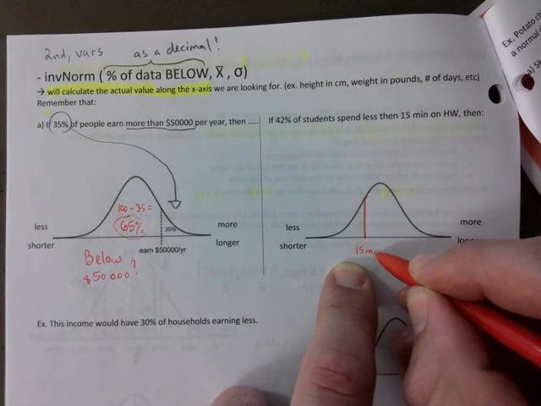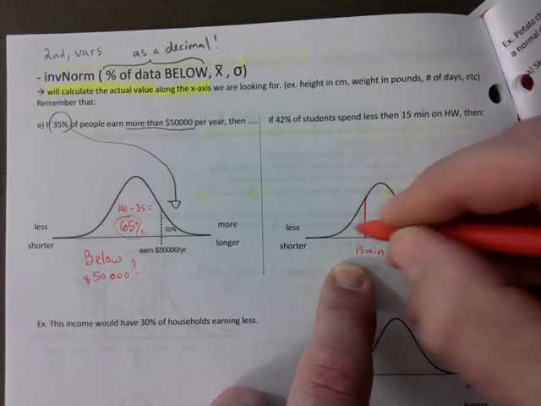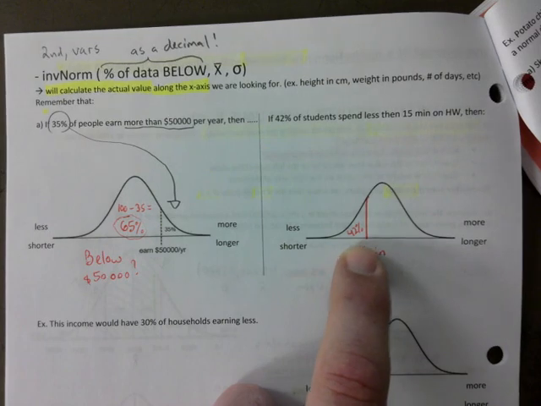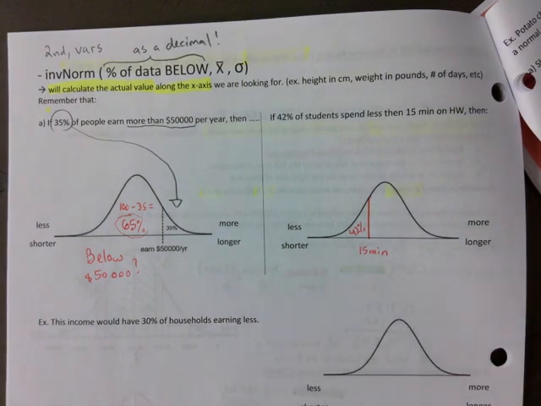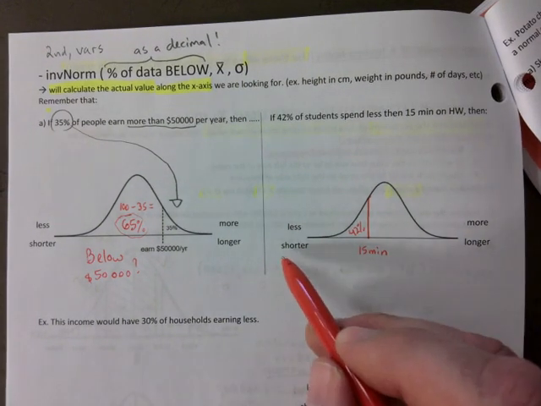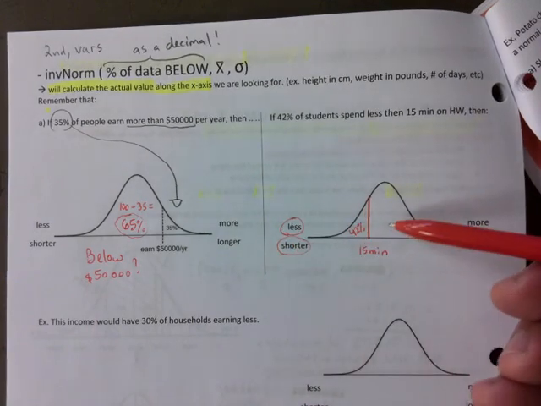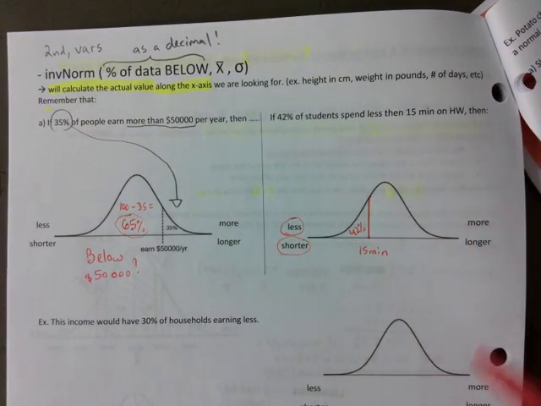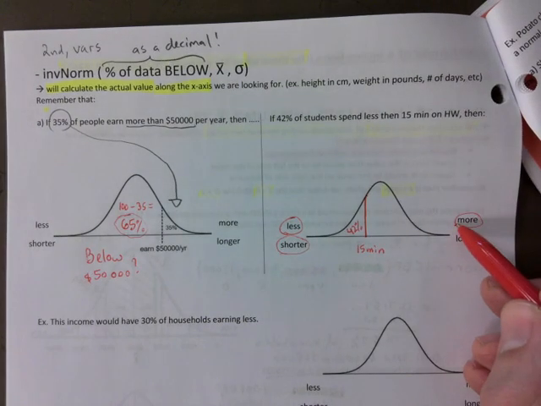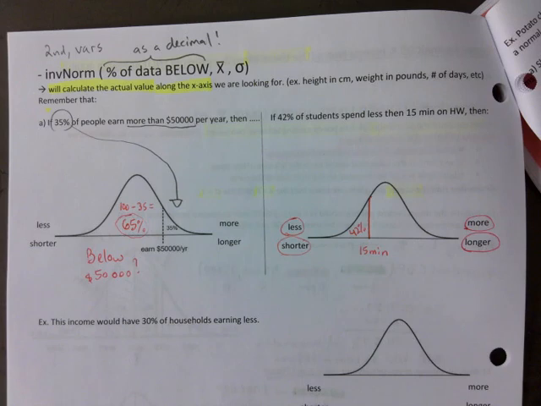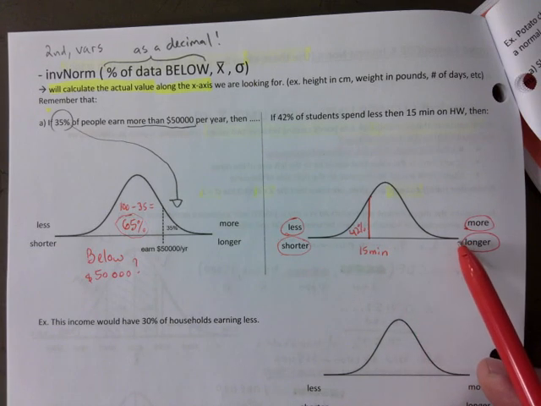This is the 15-minute mark, and I know that 42% land right in there. So you have to think of shorter or spend less. That would always be to the left. And more, or spend longer on homework, would be to the right.